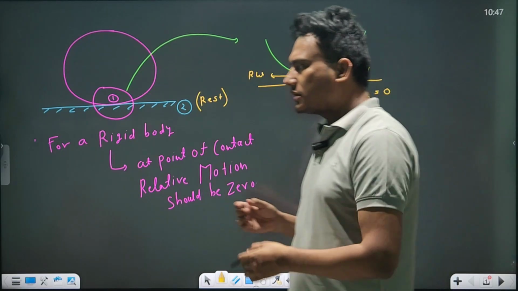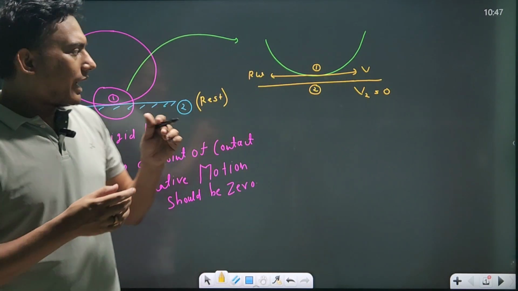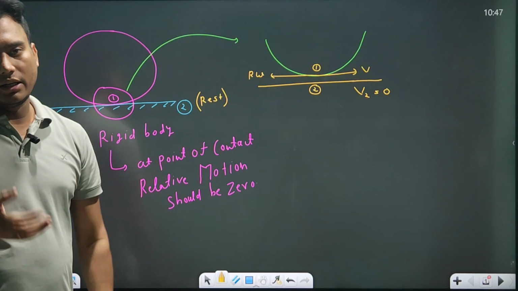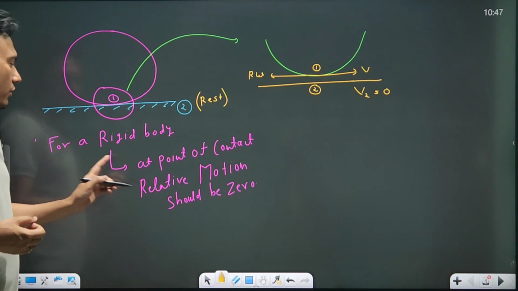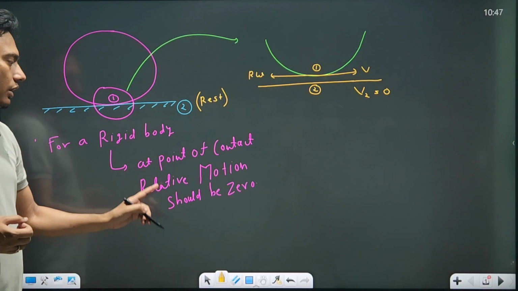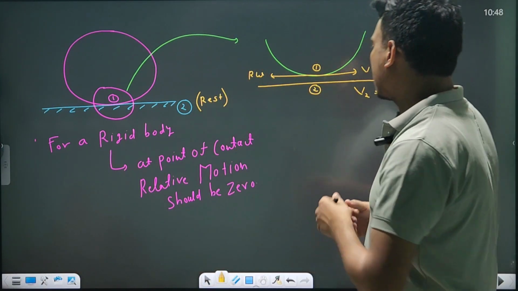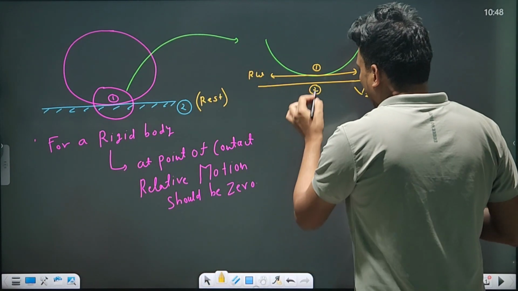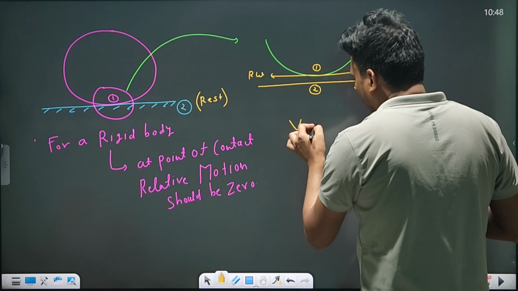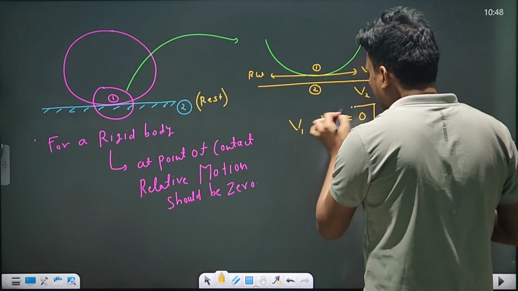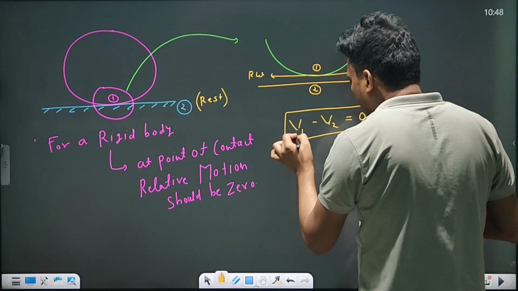If the distance between any two points of a body does not change, then the body is called a rigid body. So for a rigid body, at the point of contact, relative motion should be 0. What does relative motion being 0 mean? It means the velocity at point 1 and the velocity at point 2, the difference should be equal to 0. This is the condition for pure rolling.